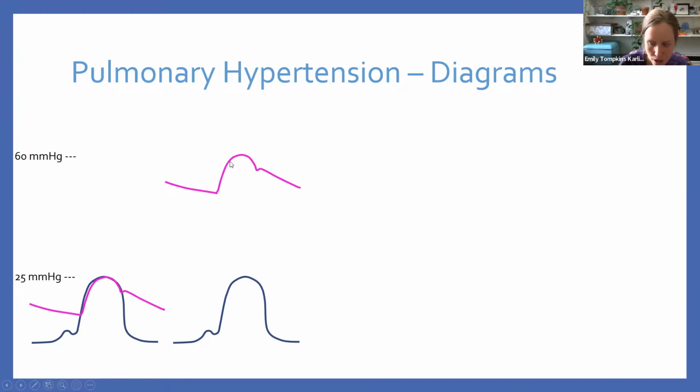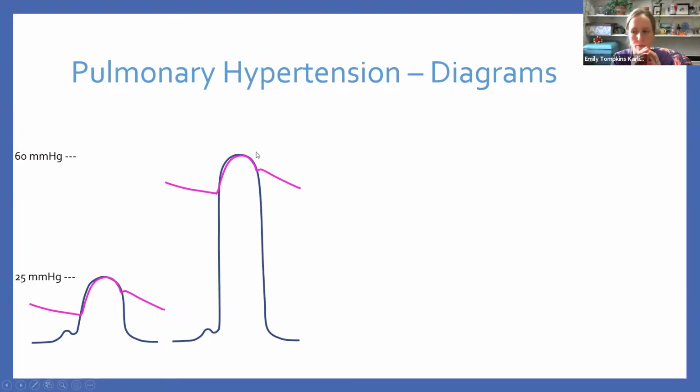That's impossible. So if the PA pressure has gone up to 60, then the RV pressure also has to go up into that ballpark, even a smidge higher, to get blood to go from right ventricle into pulmonary artery during systole. And so we don't necessarily do those mental acrobatics with the Wiggers diagram itself, but that's what would be happening with the pressures.